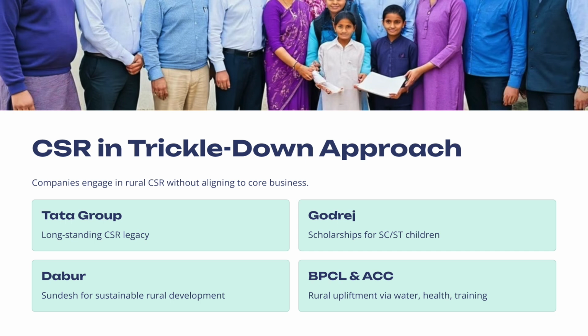Godrej Consumer Products Limited adopted a school in Singwari village offering scholarships to scheduled caste and scheduled tribe students. Similarly, Dabur India Limited created Sandesh, a dedicated body for rural welfare, back in 1993.